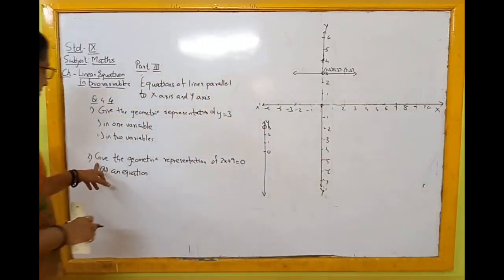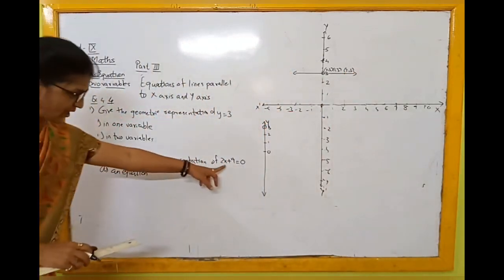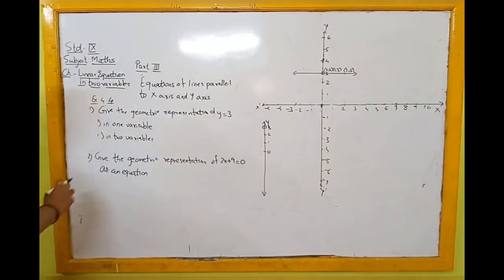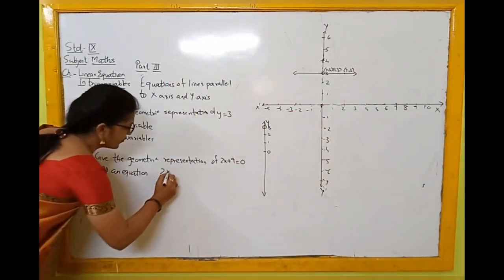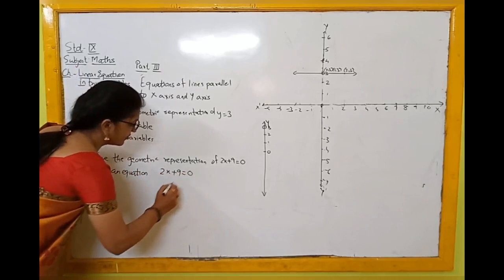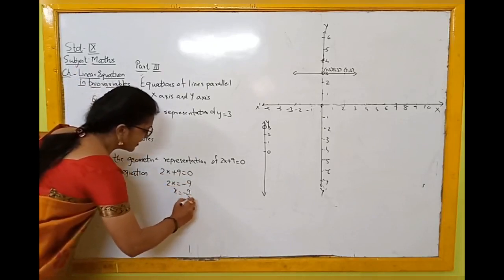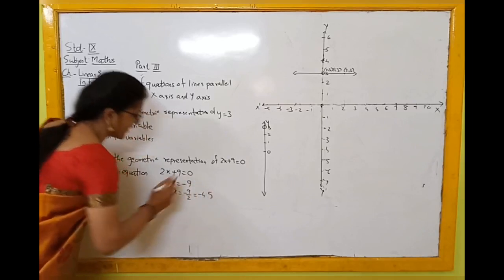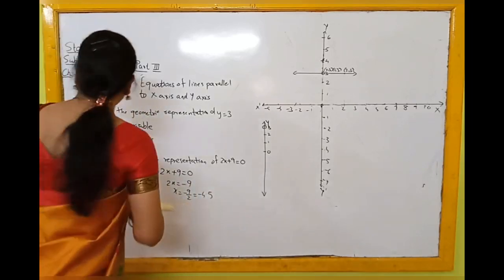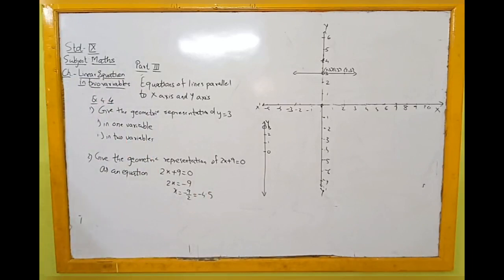Now next is give the geometric representation of 2x plus 9 is equal to 0 as an equation in one variable. So 2x plus 9 is equal to 0, so 2x is equal to minus 9, so x is equal to minus 9 by 2, that is minus 4.5. So on a number line you can represent it horizontally.